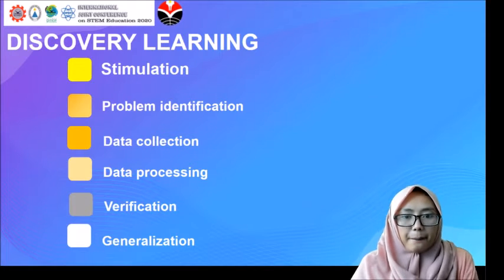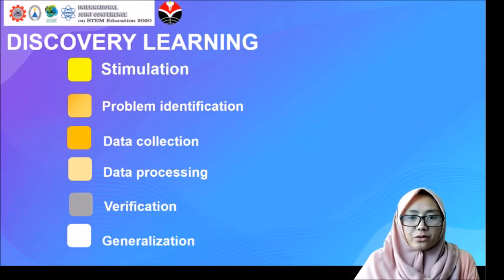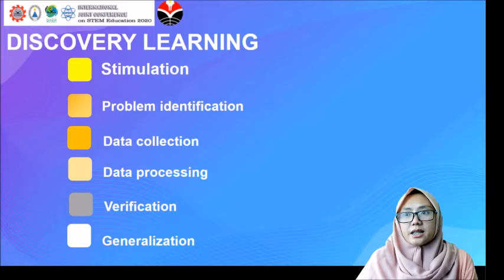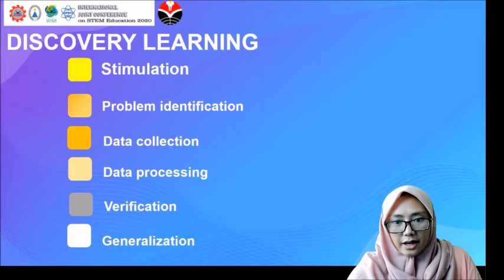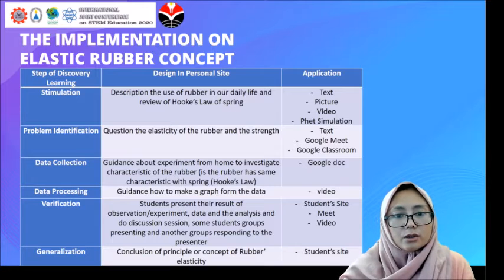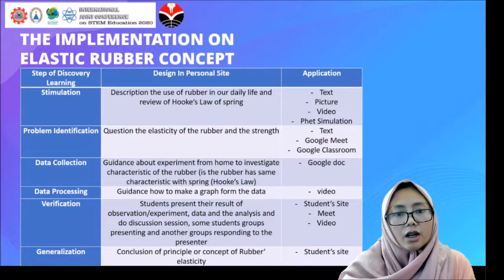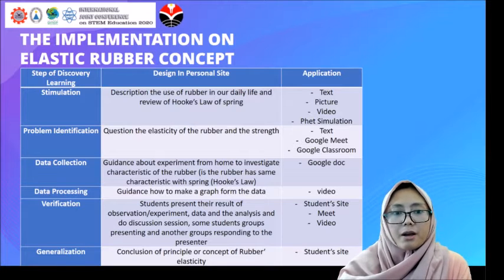Okay, to solve or minimize these problems, I tried to design a discovery learning model. Discovery learning has 6 steps. Here is the implementation of discovery learning using personal site on the elastic rubber concept.